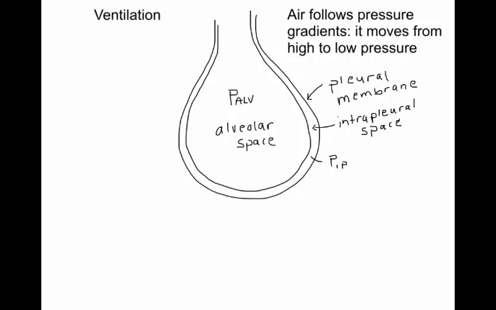So a couple of rules about the pressure differences between the alveolar space and the intrapleural space is that the intrapleural pressure is always lower than the alveolar pressure.